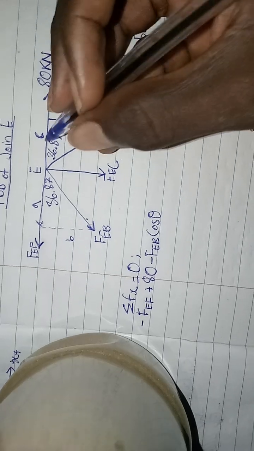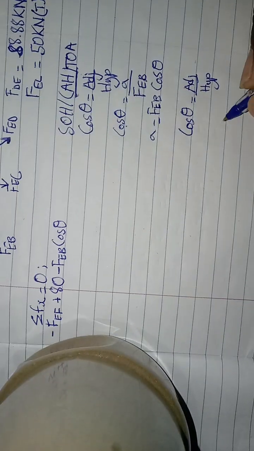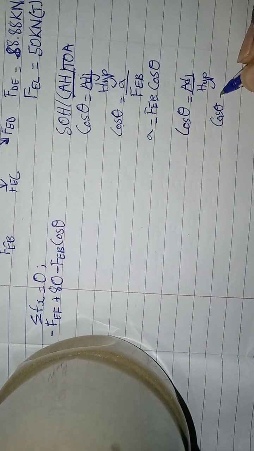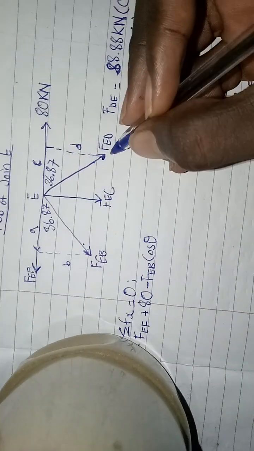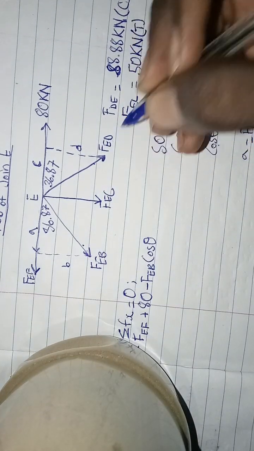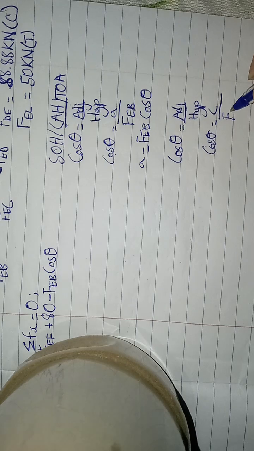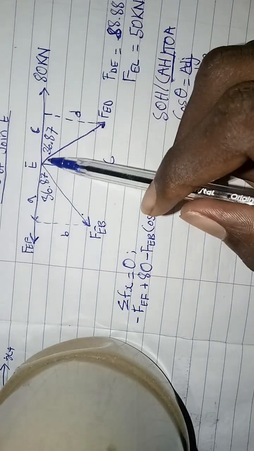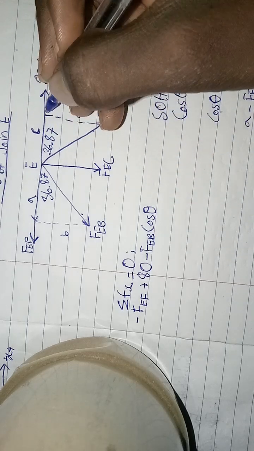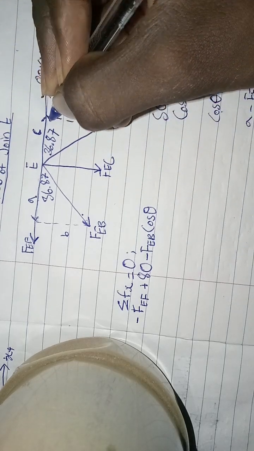The adjacent is C, and the hypotenuse is force ED. It is pointing to the right.